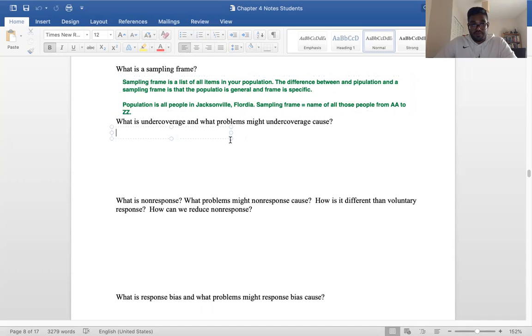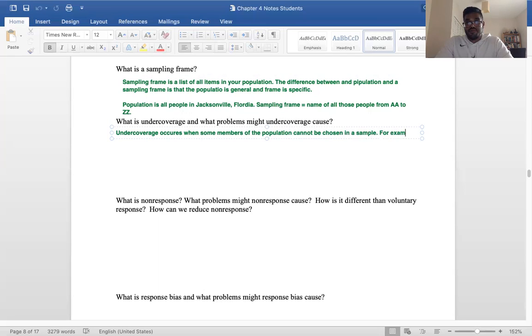Okay. What is undercoverage and what might this cause? So undercoverage occurs when some members of the population cannot be chosen in a sample.